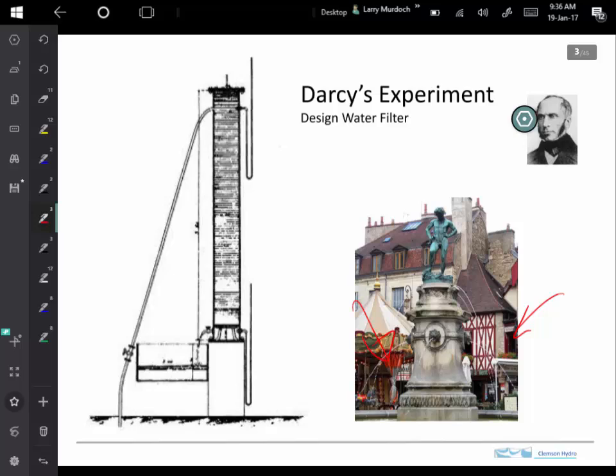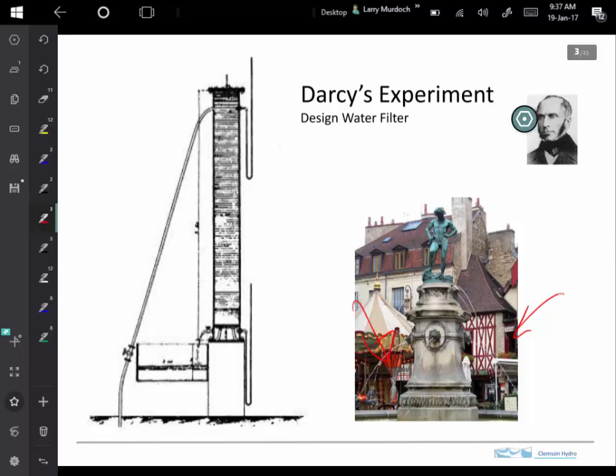Darcy was involved with designing these things, and they understood, this was right in the beginning of understanding about waterborne pathogens, and they understood that if you filtered the water through sand, you could improve the water quality. And so Darcy wanted to understand about the head loss during flow through sand so that they could put the water through a filter but still have enough hydraulic head to make these fountains work.